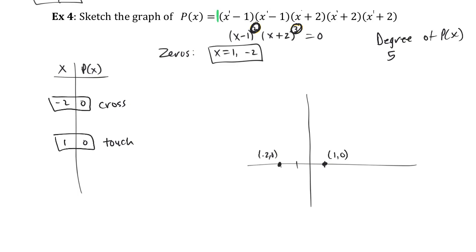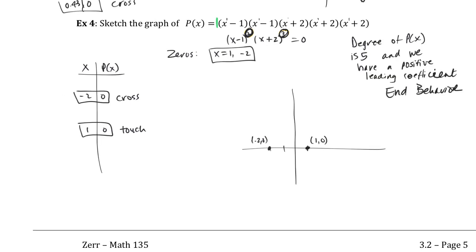So the leading coefficient is positive. All right, and that gives us the end behavior: y is going to infinity as x goes to infinity, and y is going to negative infinity as x goes to negative infinity. Okay, so we know we're coming from down here and we're headed up at the end.